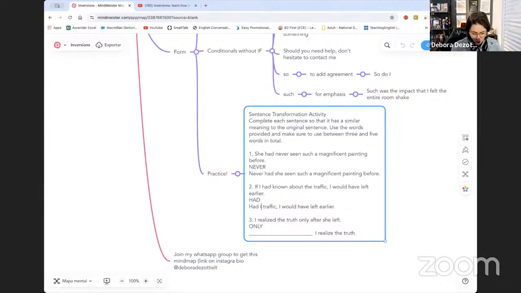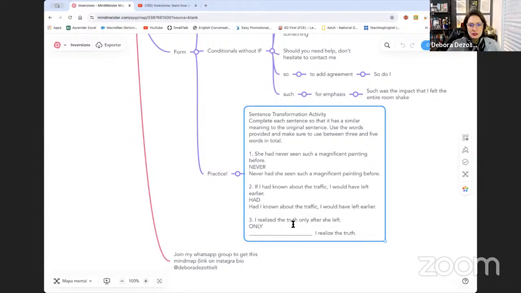Had I known about the traffic, I would have left earlier. So remember, every time you use this structure, "had I" is followed by the past participle, right? Had I known, had I seen, had I heard, had I been, right? Always a participle.